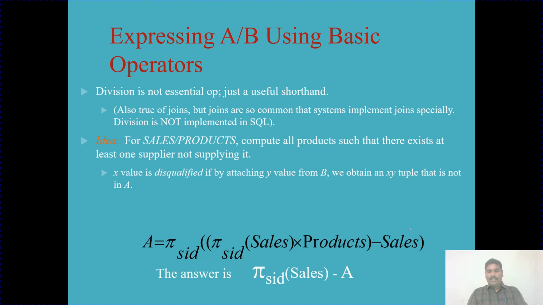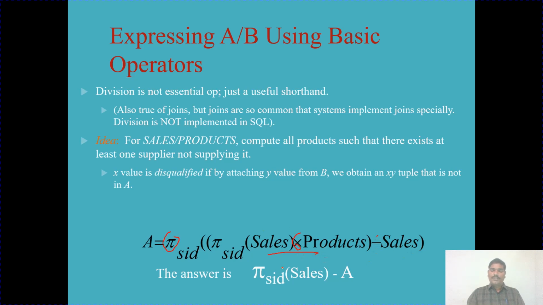Next, suppose the query is A equal to projection SID, to project the sailor IDs. The query is projection of sailor ID, sales cross products, this is the cross product operation, and minus sales. This is the set operation.